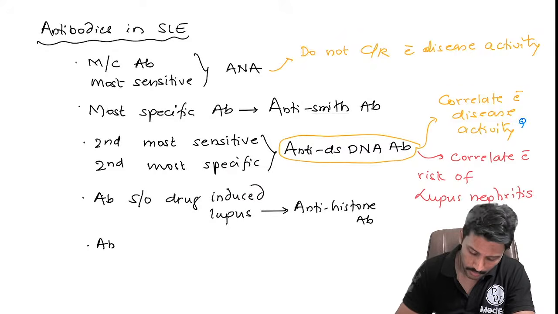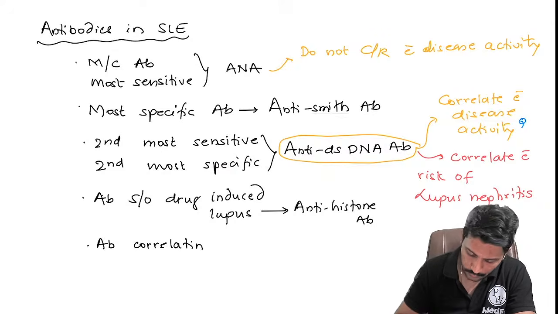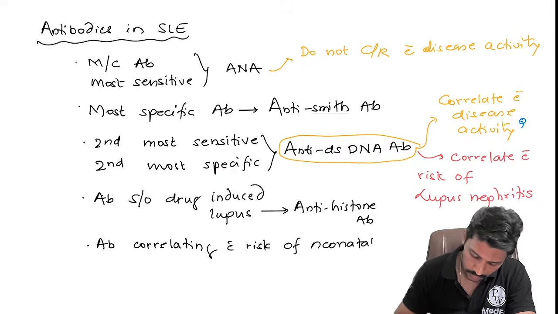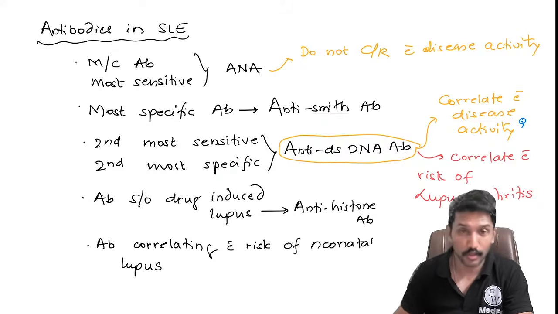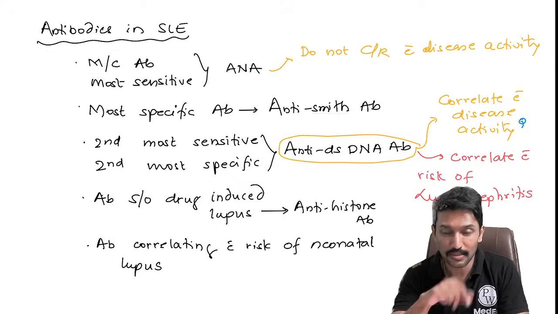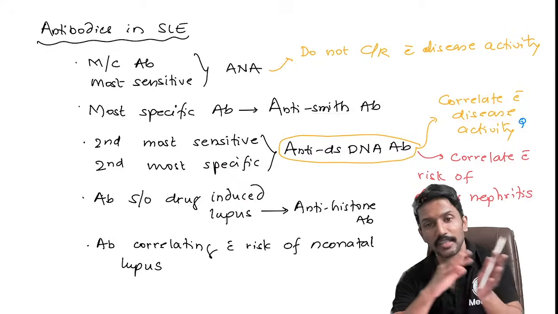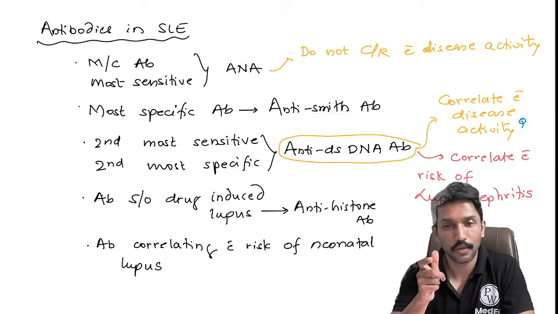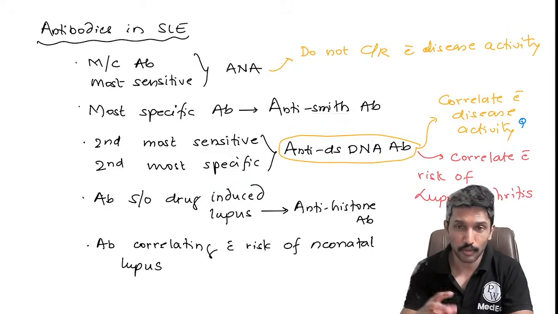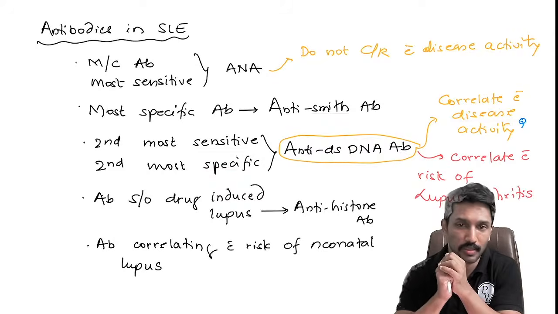Another MCQ they might ask, and in the last INI-CT just a few days back it was asked: which antibody correlates with the risk of neonatal lupus? So what is neonatal lupus? If the pregnant mother has SLE and she has this antibody, then these antibodies can be transplacentally transferred to the fetus, and the fetus can develop SLE, not because it has autoimmunity, but because it has passively received the antibodies from the mother.